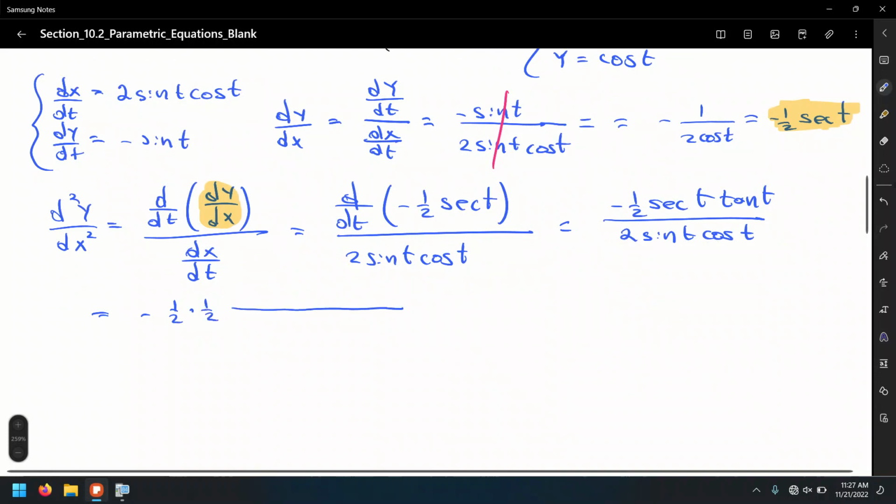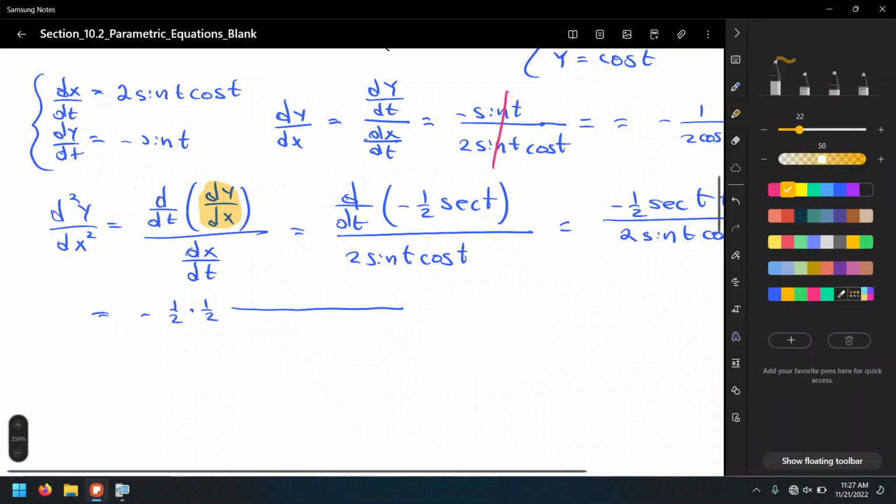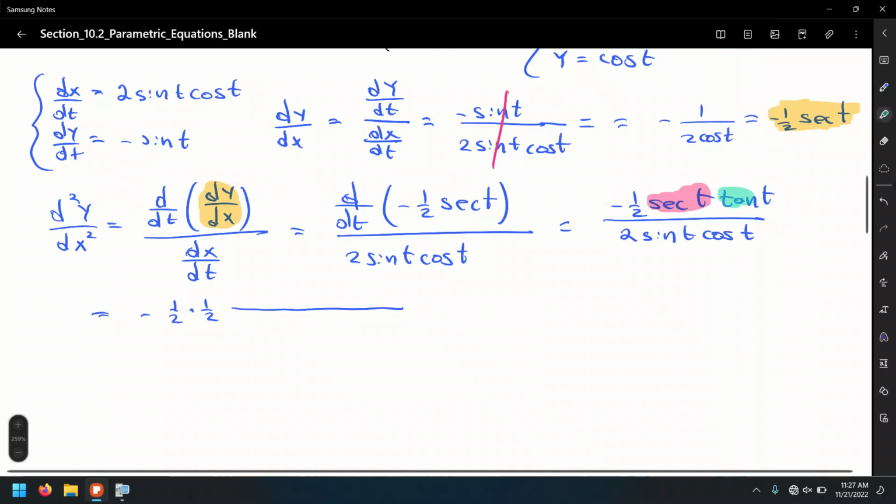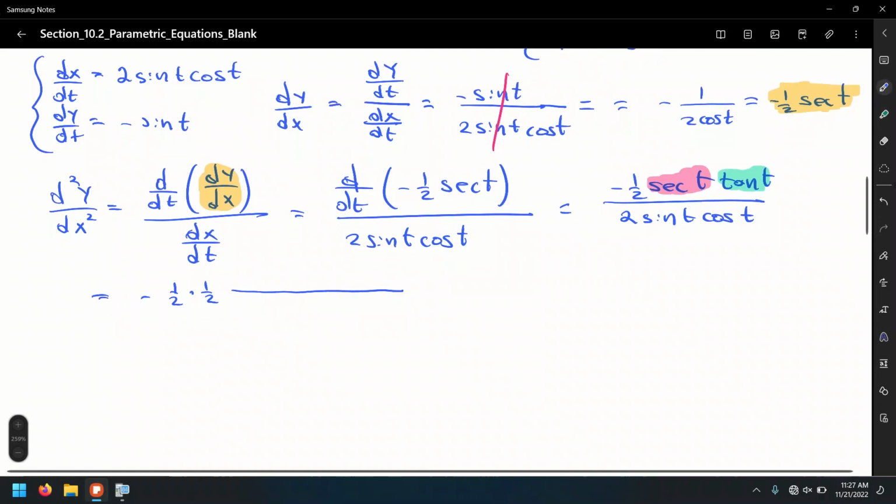At the same time, I would like to rewrite these secant and tangent functions using identities, that is in terms of sine and cosine, so we can simplify this a lot better. This secant is the same as saying cosine in the denominator. The reciprocal of secant is the reciprocal of cosine and vice versa.